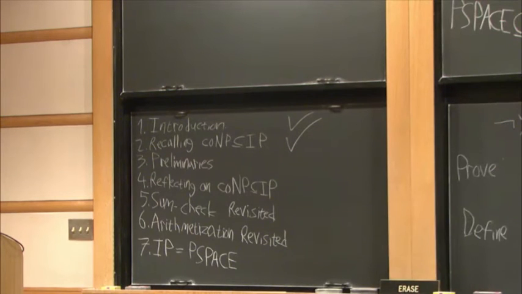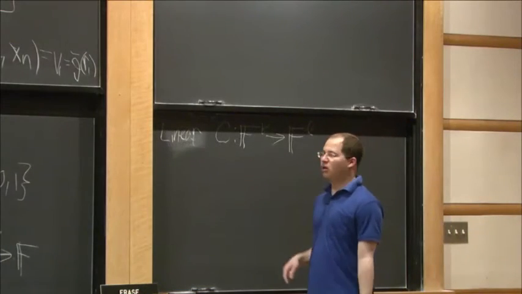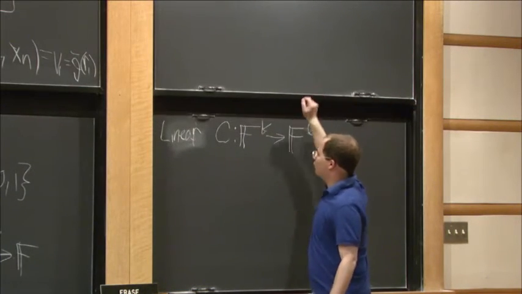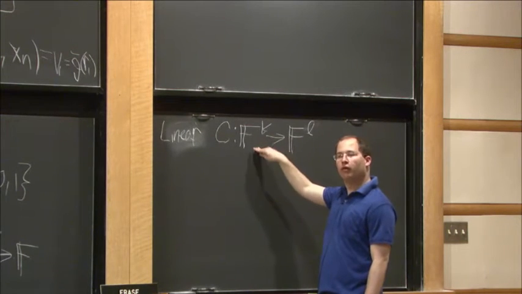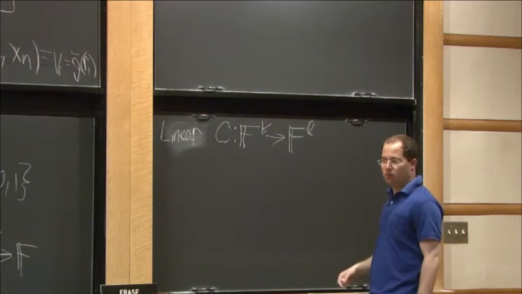So first of all, in this talk we are only talking about linear error correcting codes, which we will usually denote by a linear function c from f to the k to f to the l.